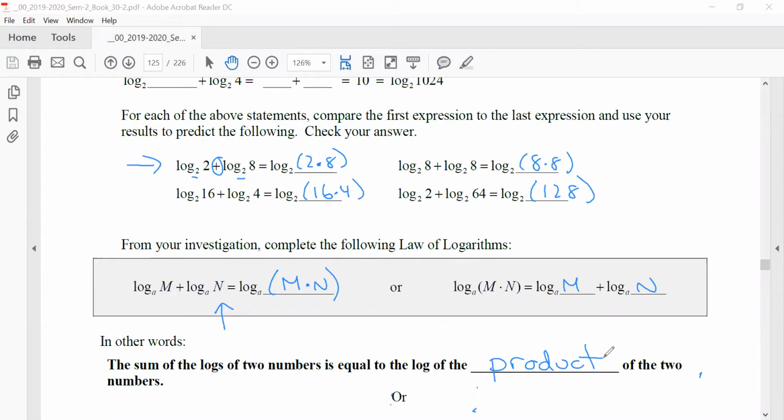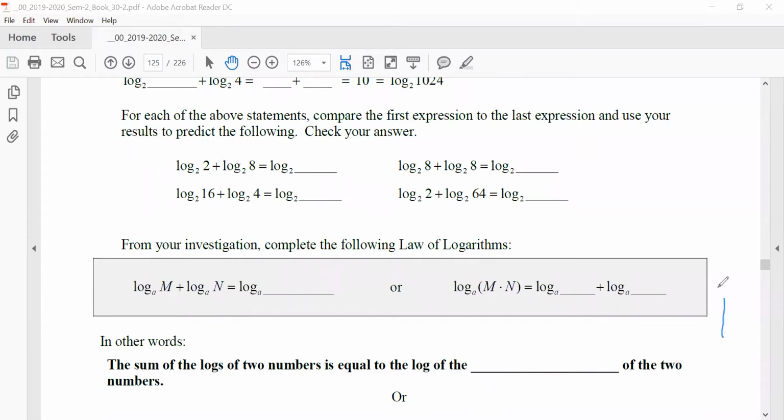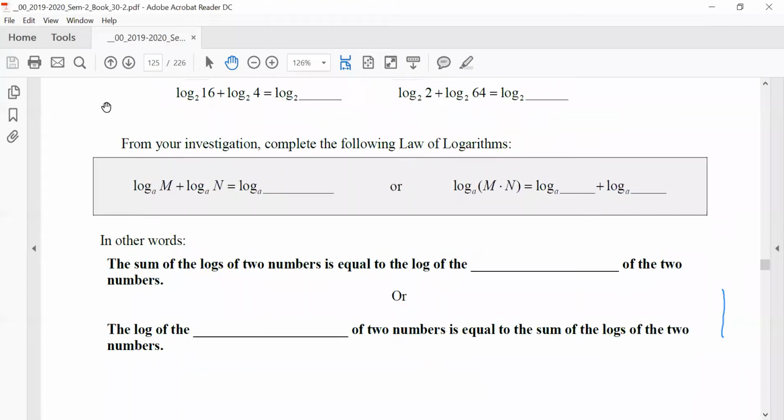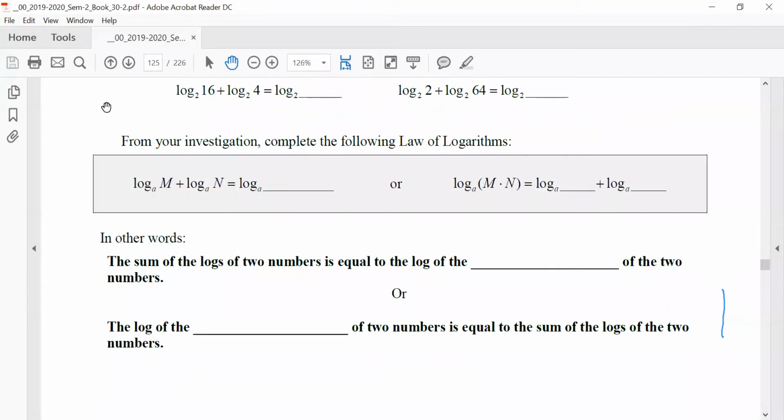But their goal was to turn multiplication into addition. So I just keep thinking of it that way. Or I could say, conversely, the log of the product of two numbers is equal to the sum of the logs of the two numbers. But again, I think it's easier just to think of it as multiplication turns into addition using a logarithm.